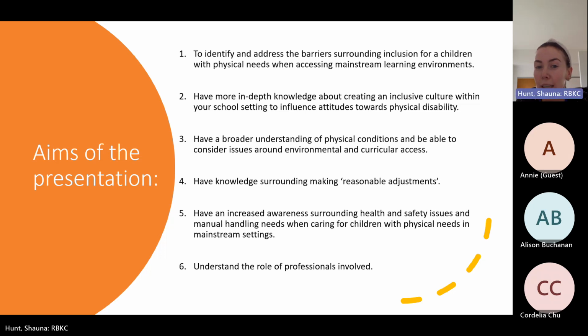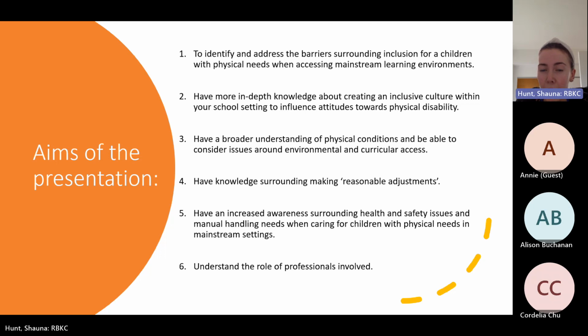I'd like you to have a more in-depth knowledge about creating an inclusive culture within your school setting to influence attitudes towards physical disability. I'd like you to have a broader understanding of physical conditions and be able to consider issues around environmental and curricular access.